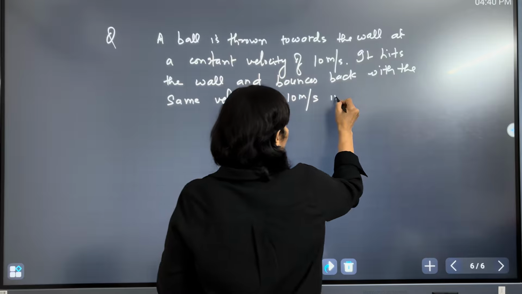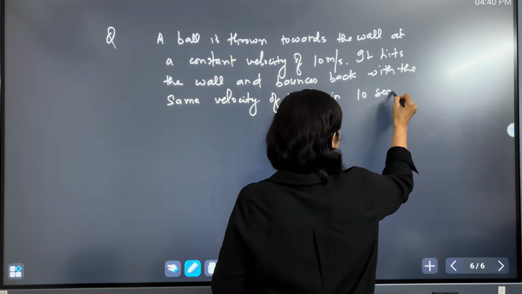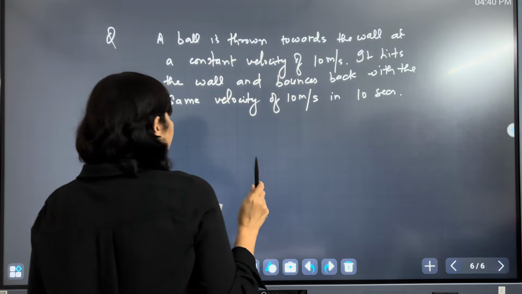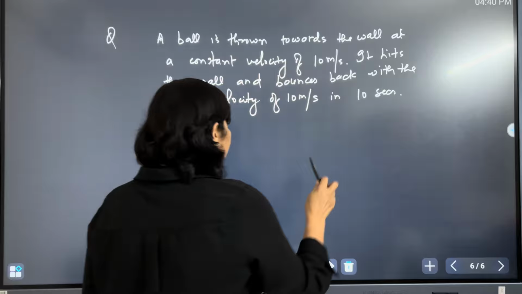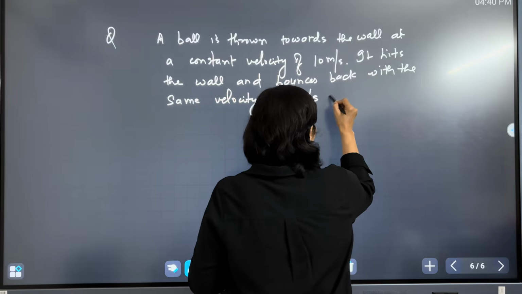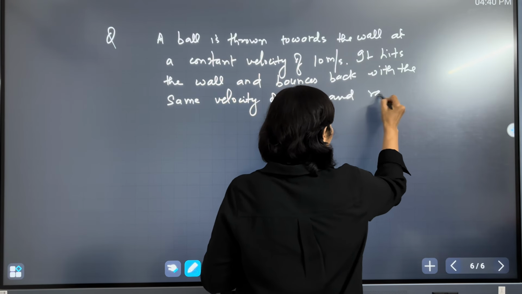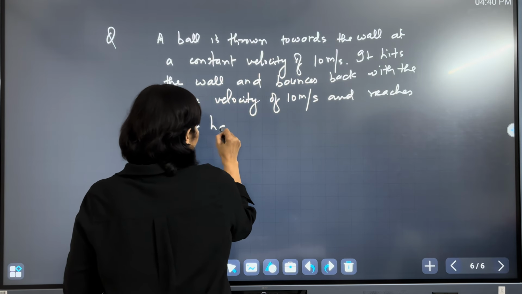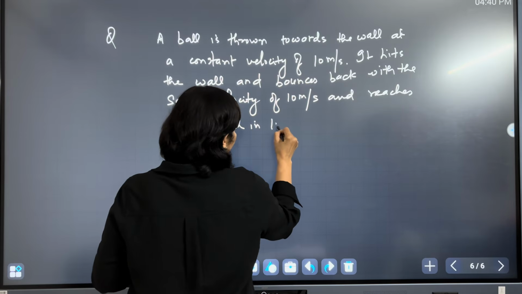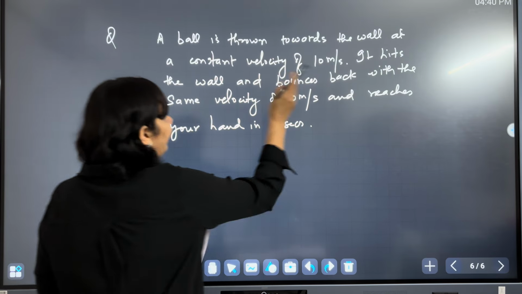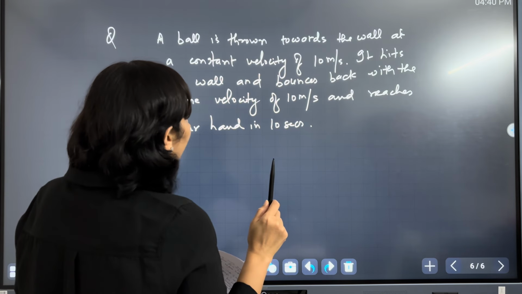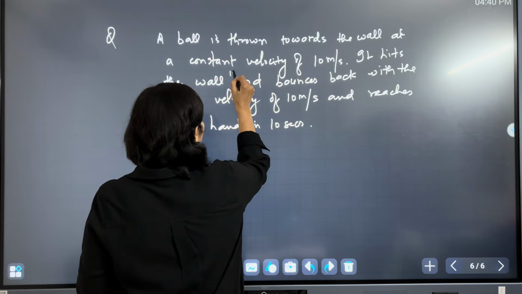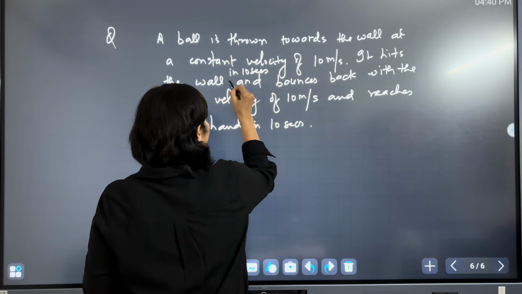One more thing, in 10 seconds it reaches the wall, and it reaches your hand in 10 seconds. Here also a ball is thrown, it hits the wall in 10 seconds.